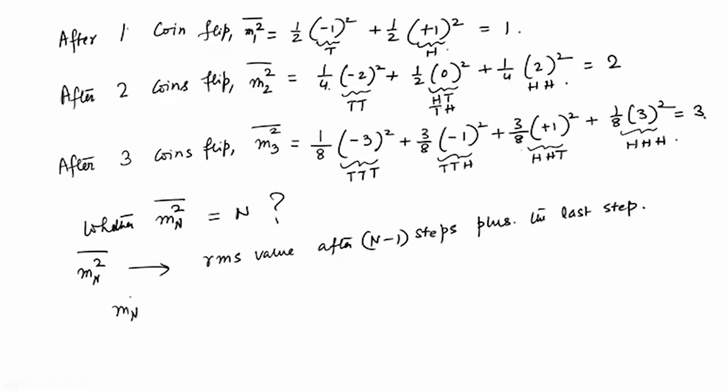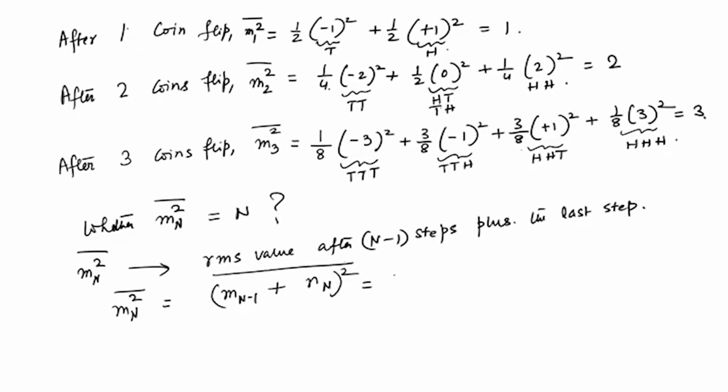So, it is mn square bar equal to the average of mn minus 1 plus nn, where nn is the last measurement that we do, squared, and then taking the average.